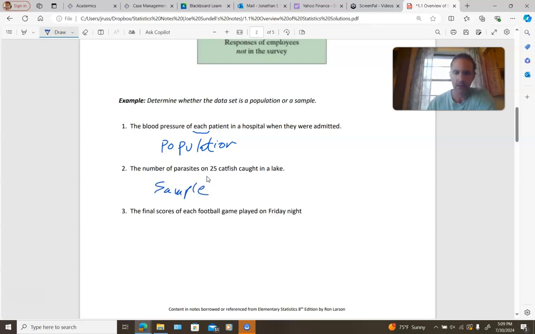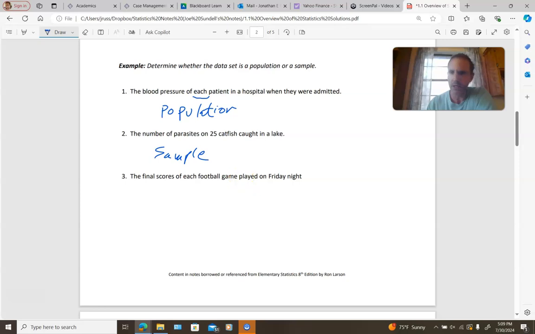All right. And then number 3, it says the final scores of each football game played on a Friday night. So again, guys, we see this key word right here, okay? So the data in this case are actually the final scores. And it says of each football game. It could have said every football game.